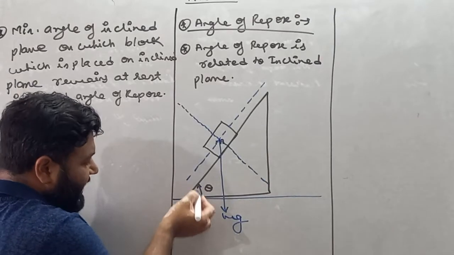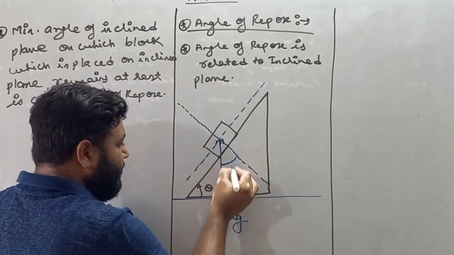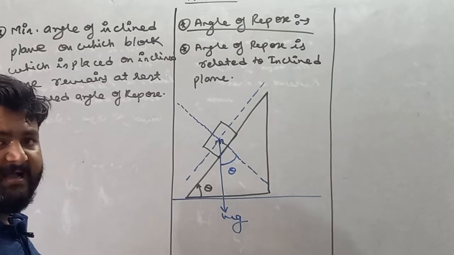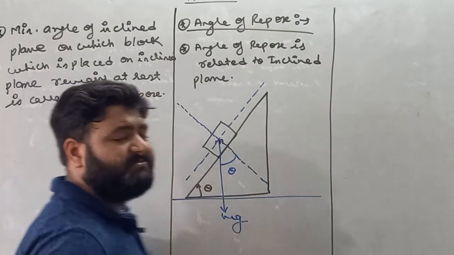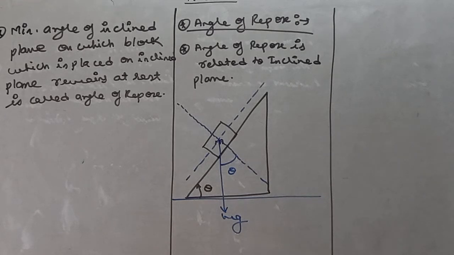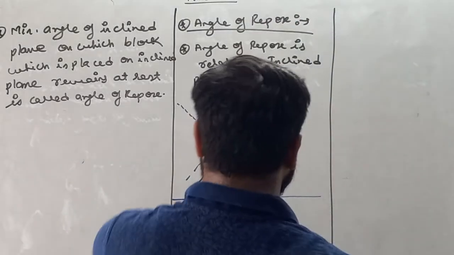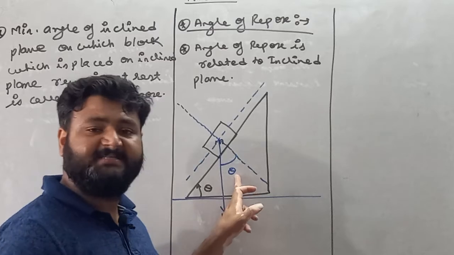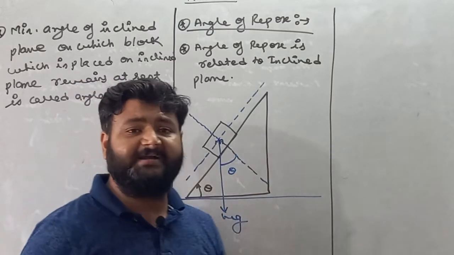Let's suppose this angle is theta, so now this angle also becomes theta, and we know that mg is weight, weight is a force, and force is a vector quantity, and if any vector quantity makes some angle, we have to split its components.